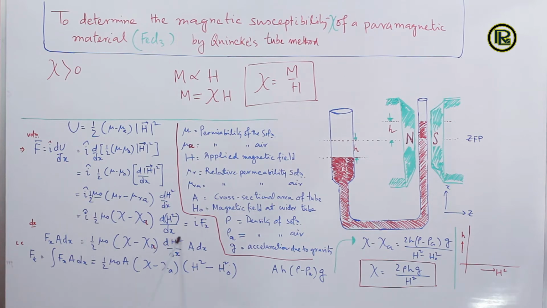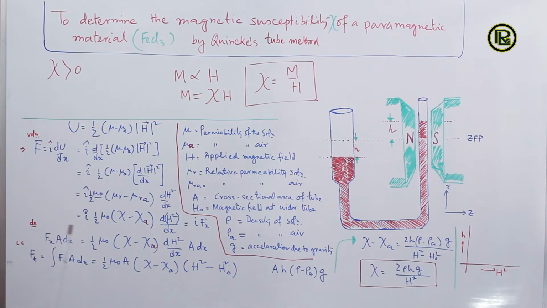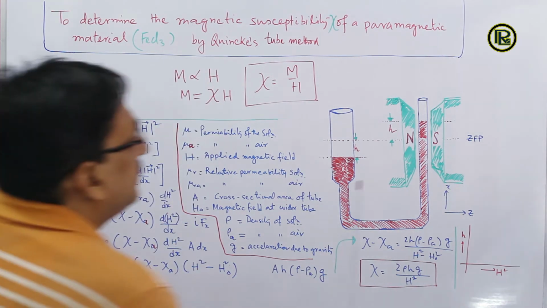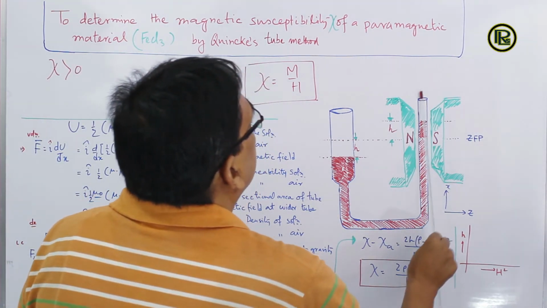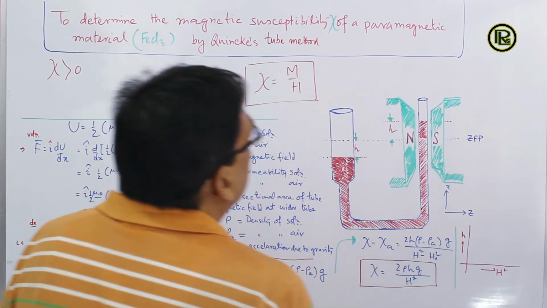So this entire quantity is the f of x, where this chi is the susceptibility of the liquid ferric chloride here, and this chi A is the susceptibility of the air replaced by the liquid. And if we consider when the liquid goes up by h, so this is my zero field position.